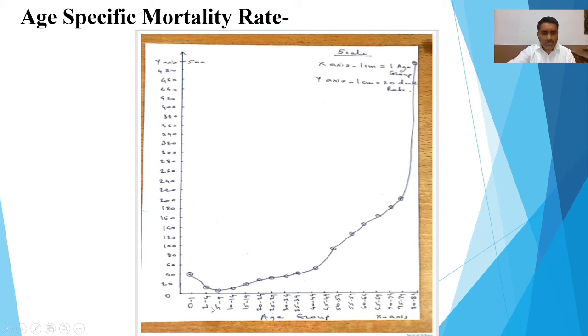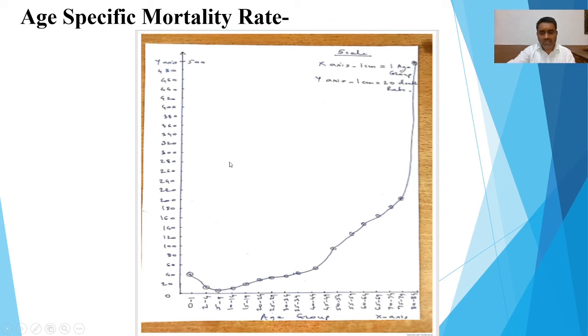Okay, so 0 to 1, 2 to 4, all the age groups are shown over here, and this is the deaths according to the age. In 0 to 1, whatever deaths occurred, I just put the dot, and accordingly in every age group whatever deaths occur, I put the points, and the last point I have shown over here.